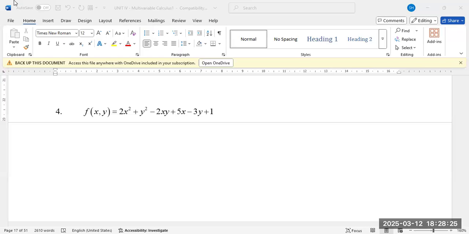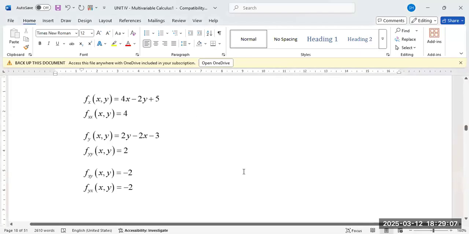What is f of xx? 4. f subscript y? 2y minus 2x minus 3. What is f of yy? 2. f of xy? Negative 2. Negative 2, right.